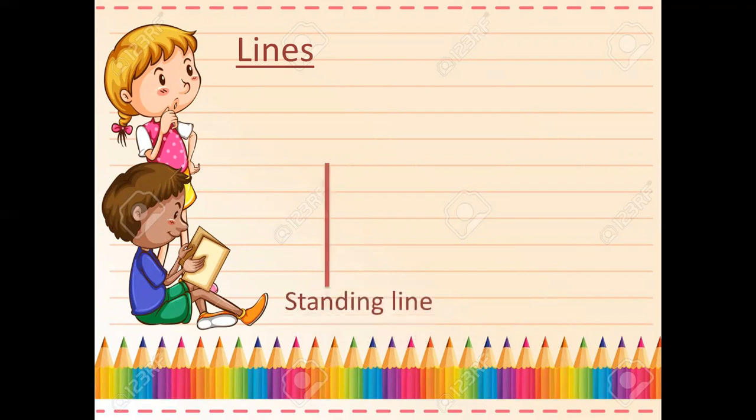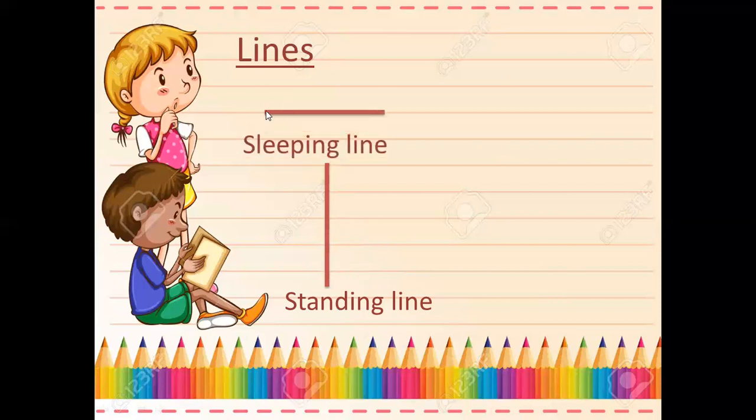What is this, dear little learner? It is the straight line, just like a one, and it is called standing line. What is this line called? It is called standing line. It's just like a digit 1.